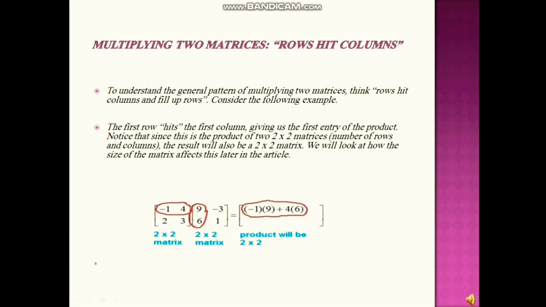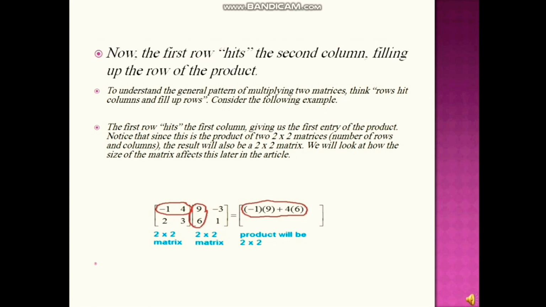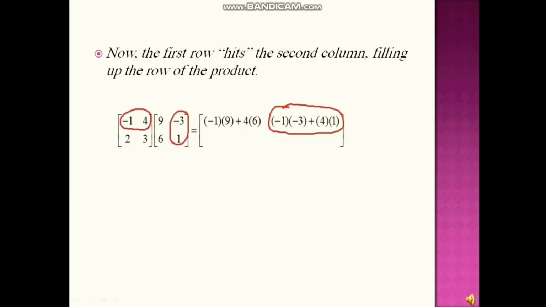We will look at how the size of the matrix affects this later in the article. So look at the two matrices below. -1 multiplied by 9 plus 4 multiplied by 6. Now the first row hits the second column, filling up the row of the product.